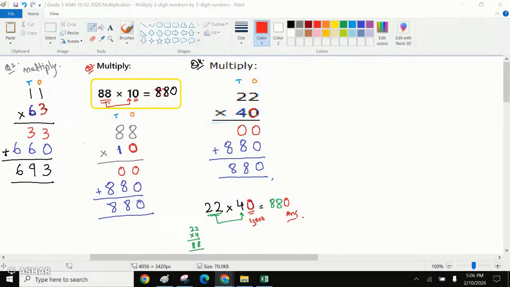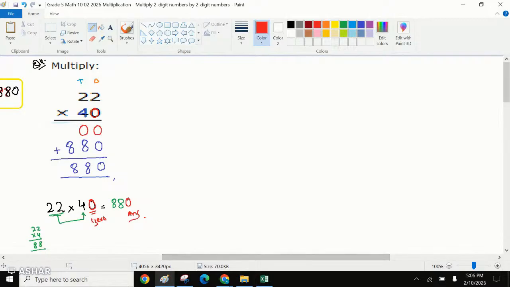The next question says 95 multiplied by 10. Okay, I'll try similar numbers.